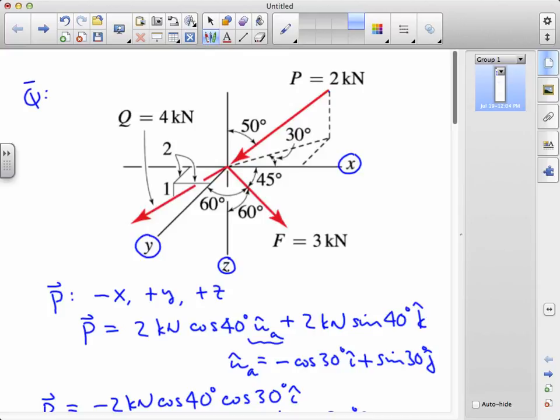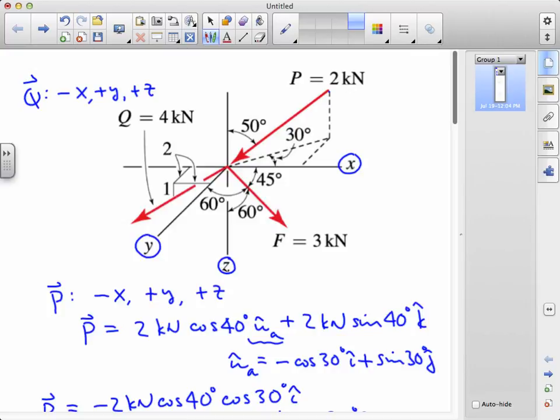Q is the same as P in that it's going to have a minus x, a positive y, and a positive z component. And the method by which the orientation of Q is specified is a variation of our rise over run in 2 dimensions. It's just that now in 3 dimensions we've got a rise, let's say in z, over a run in x and a run in y.